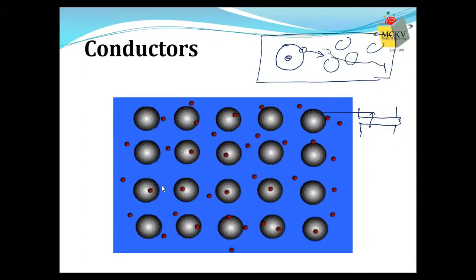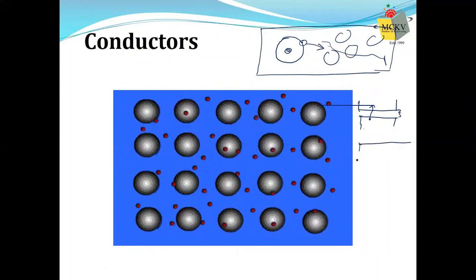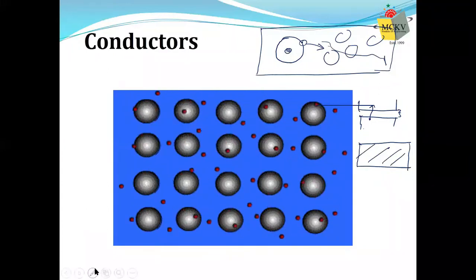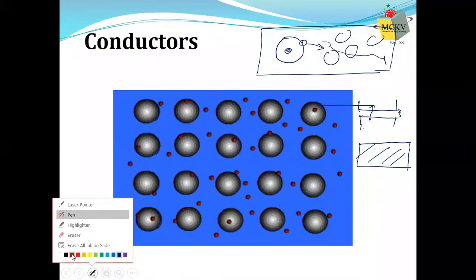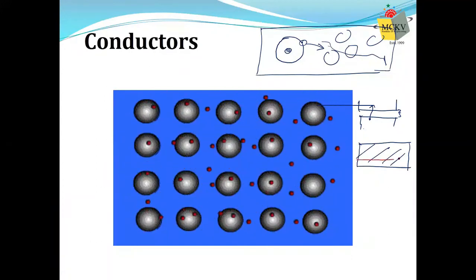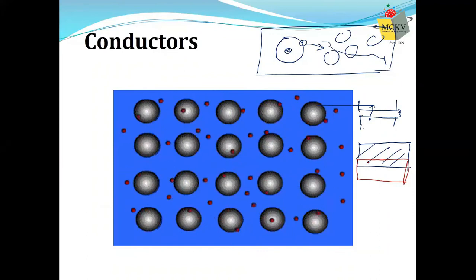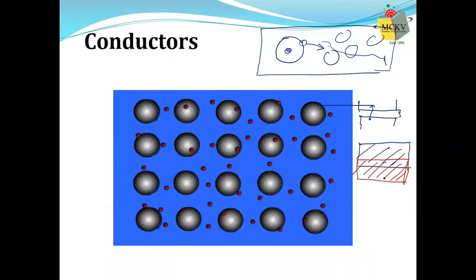In fact, in case of metal, if we draw the bands, suppose this is the conduction band and this is the valence band. In case of metal or any good conductor, the valence band and conduction band overlap with each other.